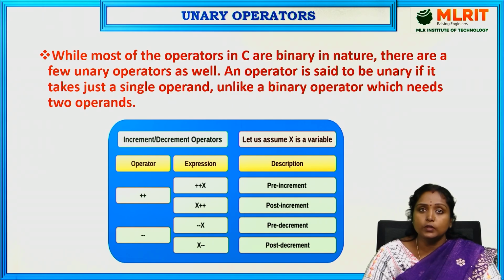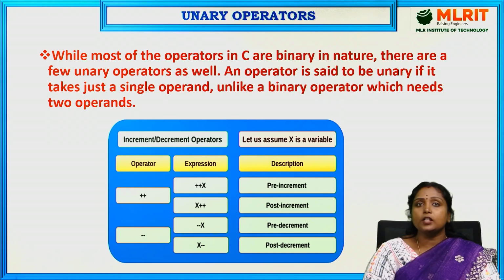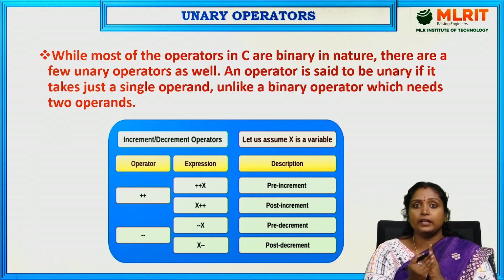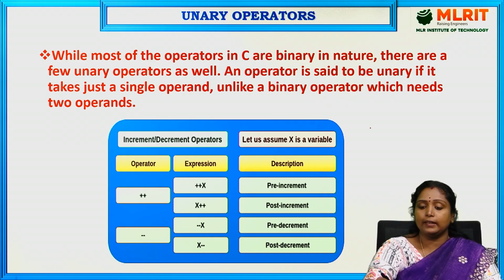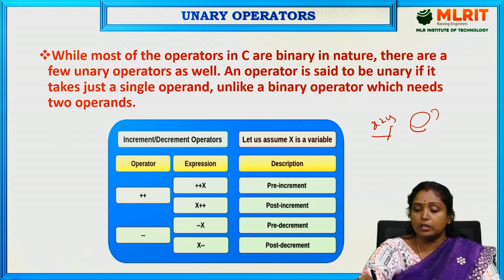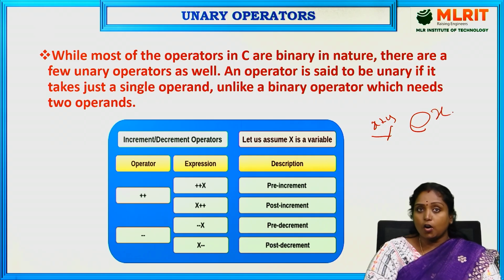Coming to the unary operators. Unary operators are nothing but when there is a single operand associated with one operation. If you see x plus y, there are 2 operands. When only one operator and one operand are there, the operator is said to be a unary operator.